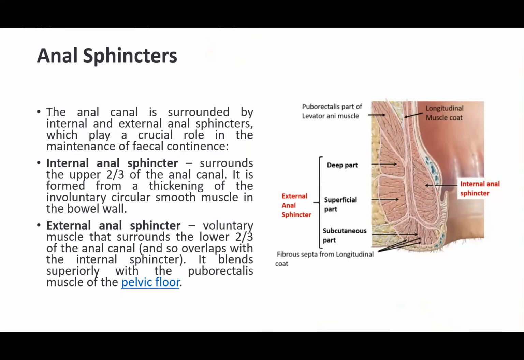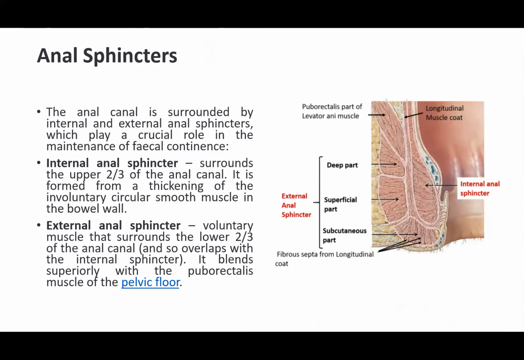Now, the anal sphincters are responsible for maintaining the continence mechanism of an individual. And there are two types of sphincters, the internal anal sphincter and the external anal sphincter.